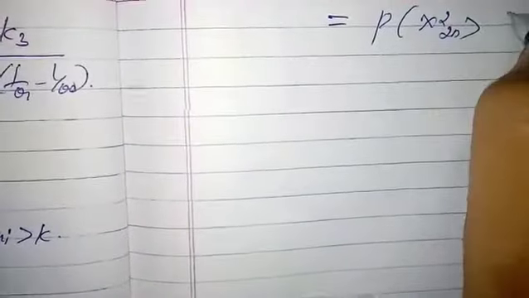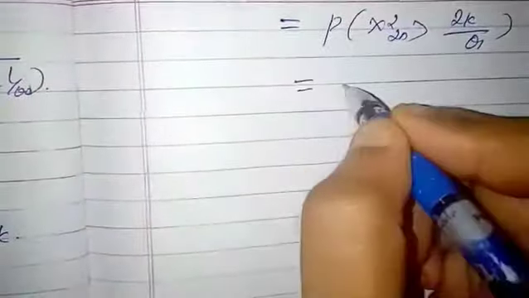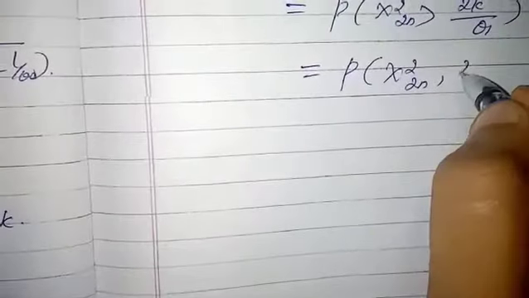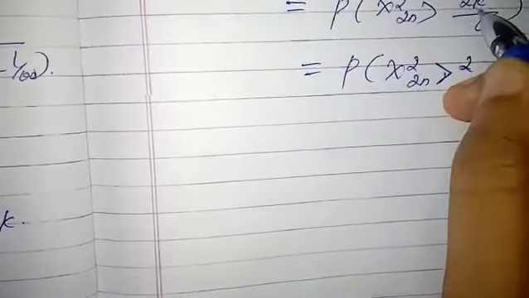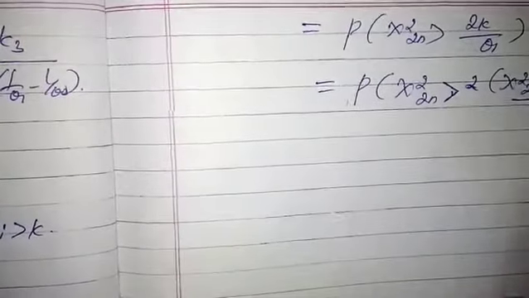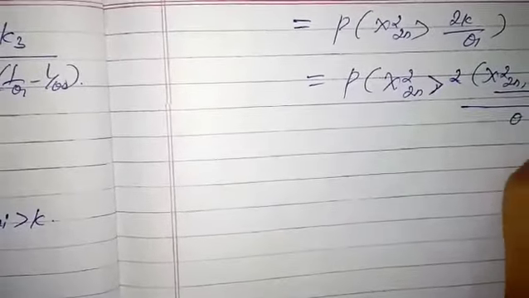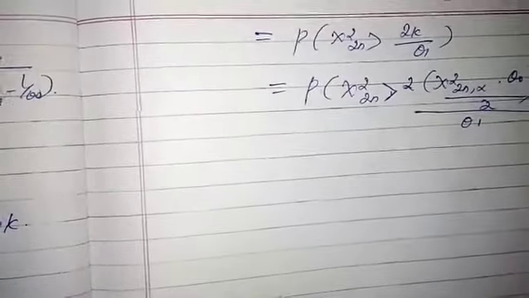It's equal to the probability of chi-square 2n greater than 2k divided by theta 1, right? We know the value of k: k is chi-square 2n alpha times theta naught divided by 2, and the whole divided by theta 1.